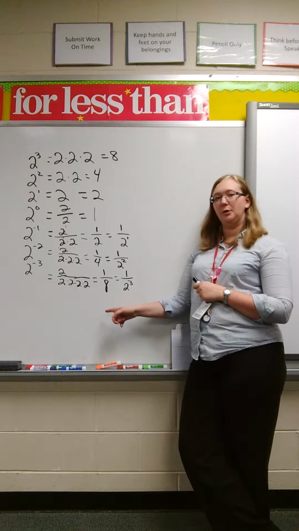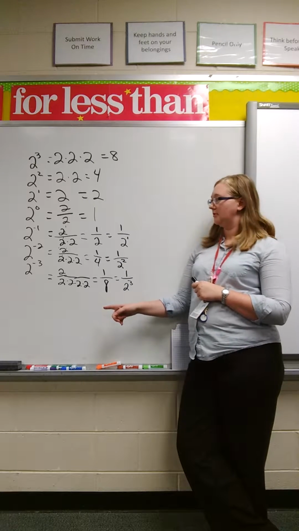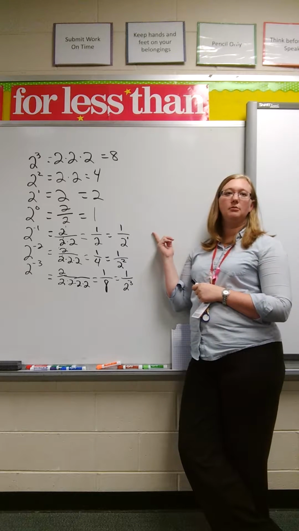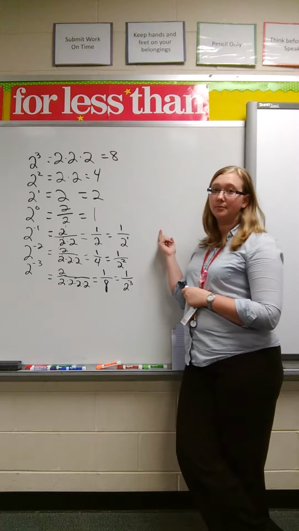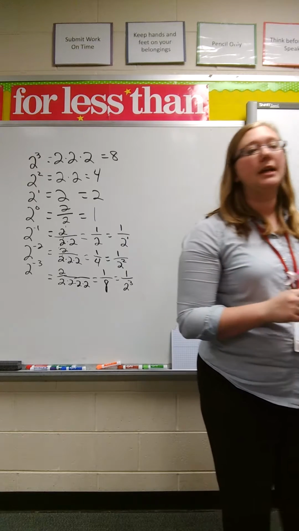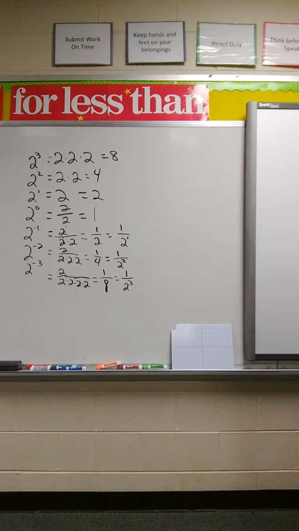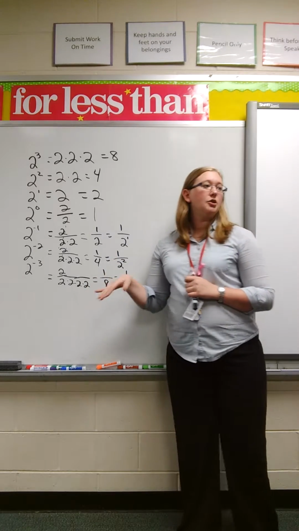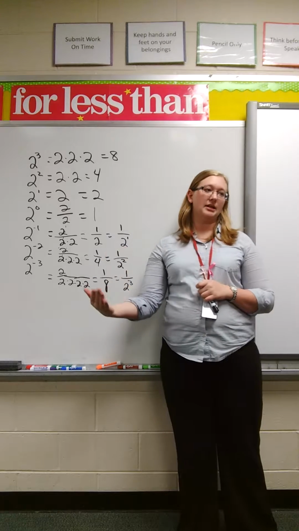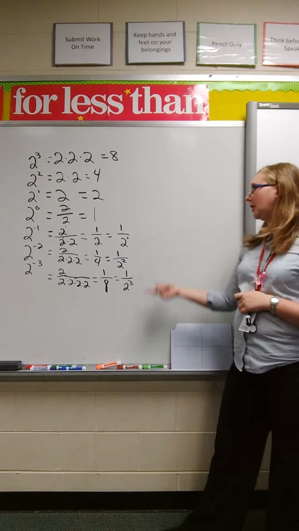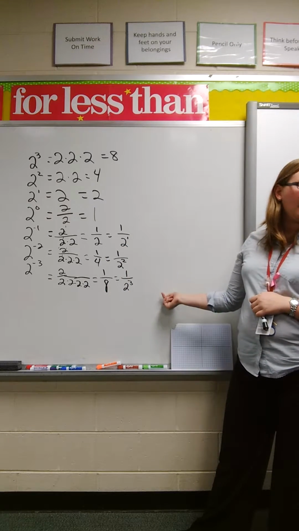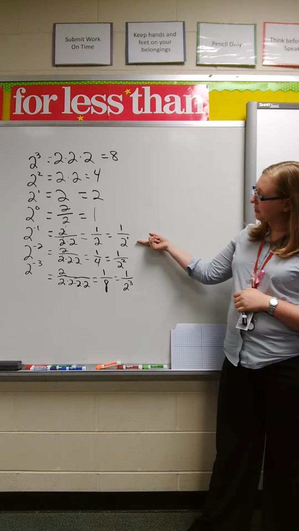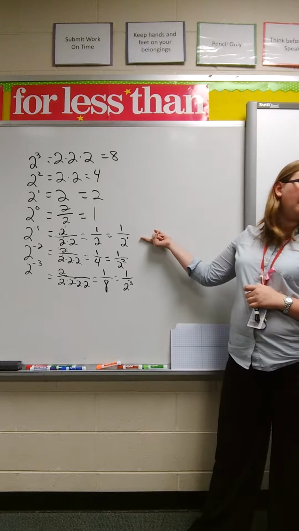Okay. What was my numerator? 1. Do you think it's ever going to change from 1? No. So when we are looking at negative exponents, when we convert it to writing it with a positive exponent, we're going to have to turn it into a fraction. And the denominator is going to have a base with the positive exponent.